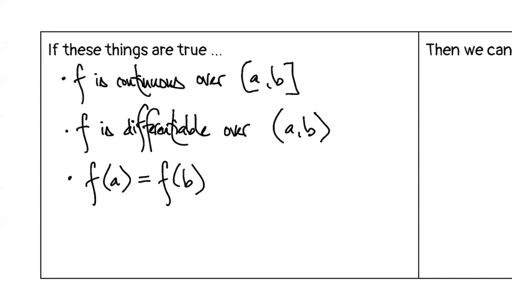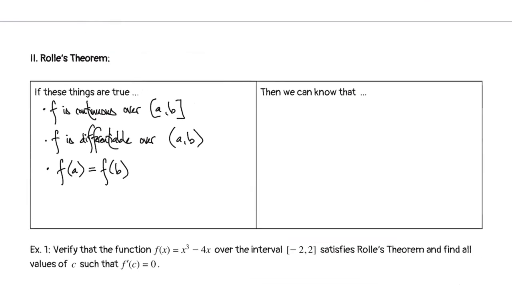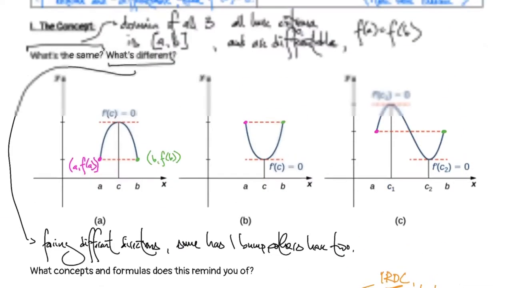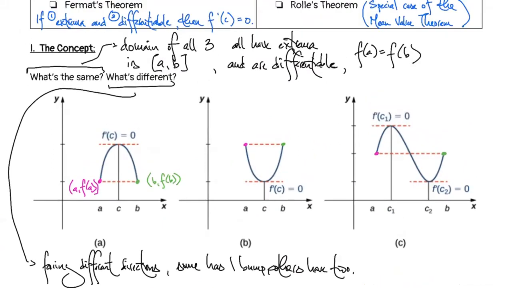In other words, we can use Rolle's theorem if these things are true, or the picture we might have in our brain is any one of these pictures. If you have a picture that looks like this, then there's going to be one thing that is true, guaranteed every single time. Okay.